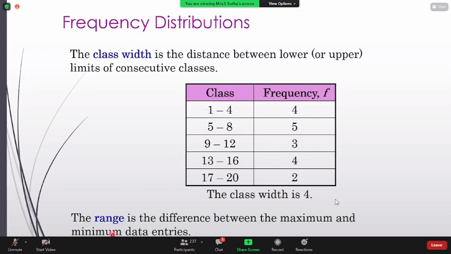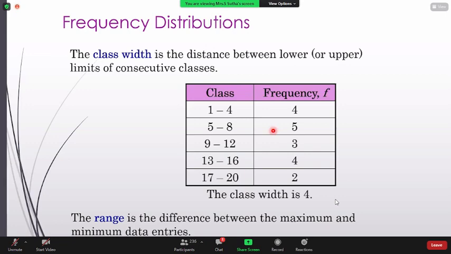And the range is the difference between the maximum and the minimum data entries. So what is the range for this distribution? The range for a particular class is 1 to 4.